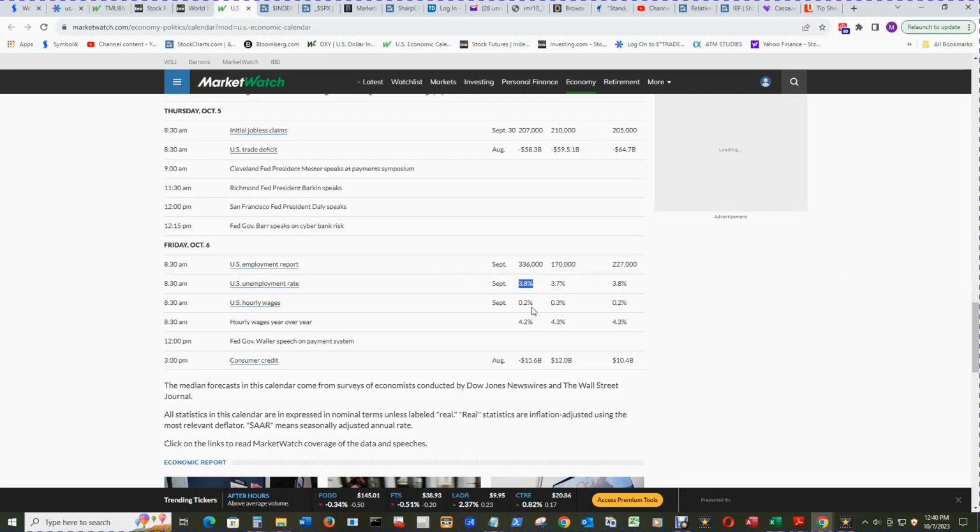But this is the biggie here. U.S. hourly wages ticked down. They were expecting a tick up. It stayed the same as the previous level, but the hourly wages year over year, they were expecting a tick up, and it ticked down from year over year 4.3 to 4.2, and that was the skyrocket fuel there to blast off.